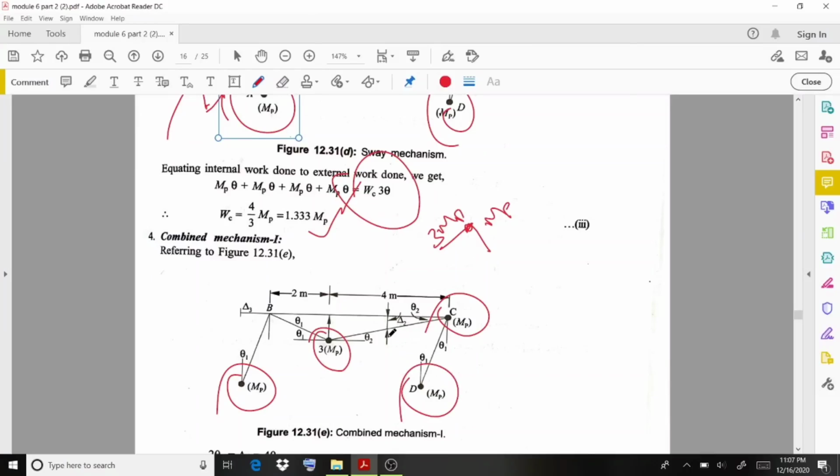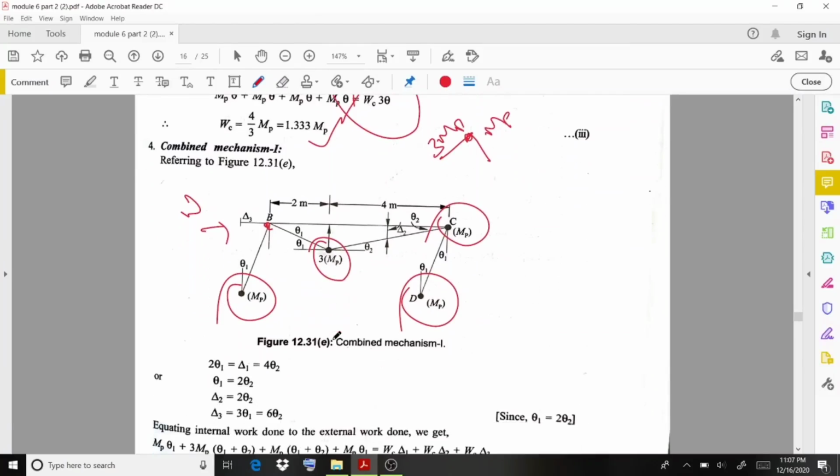Then directly equate, and we already mentioned why we are not taking a plastic hinge at this support. Okay, there is no change for this member to happen through this load W. Then considering these triangles and directly equating, you will get 2 theta 1 equals delta 1 equals 4 theta 2.